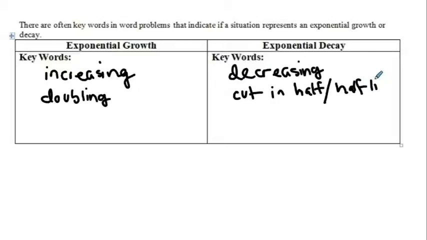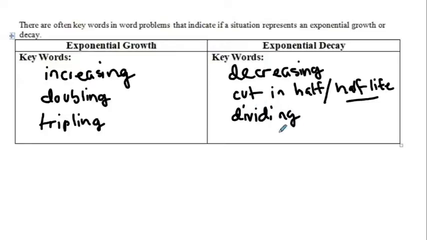Half-life of an element is often the subject of an exponential decay problem. You'll see those a lot as we do the practice. Tripling is another one. Tripling means multiplying by 3. I hope you knew that. And dividing. If we're dividing something, then that's going to be a decay problem. All right, there's more examples, but these are the important ones.